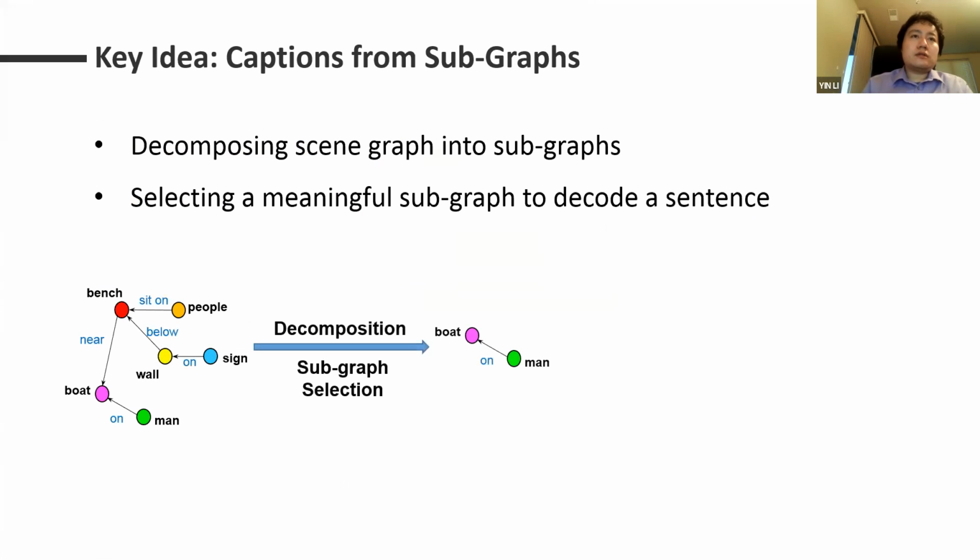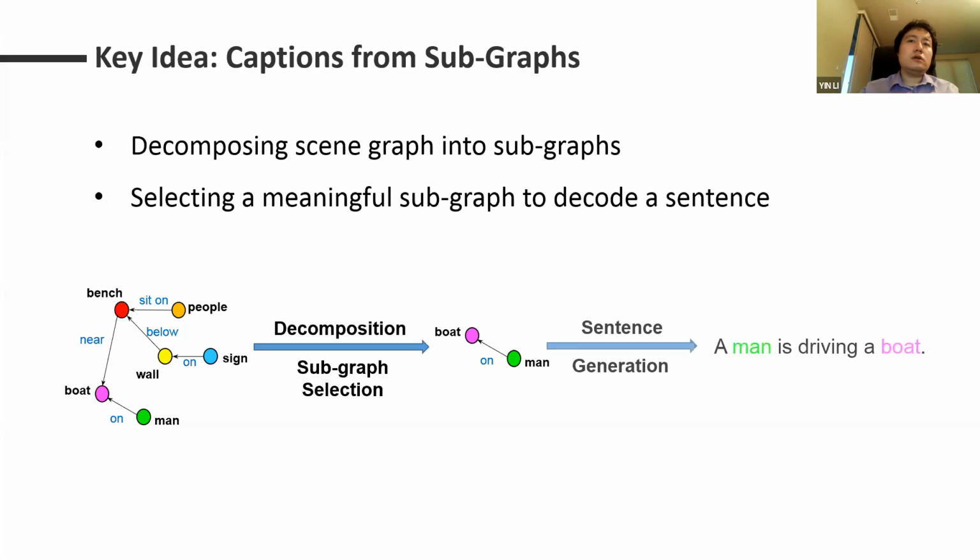Specifically, we take the whole scene graph and chop it into many, many subgraphs. Here, we use an existing graph partitioning method to chop it into almost hundreds of these subgraphs. Now, not all these subgraphs are meaningful, right?